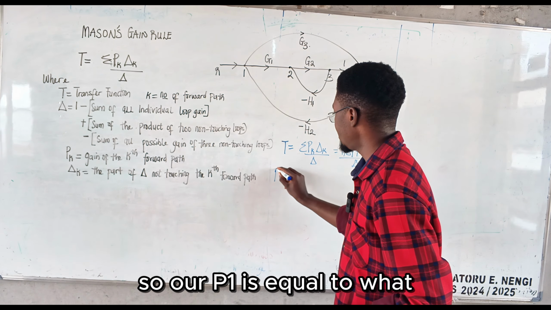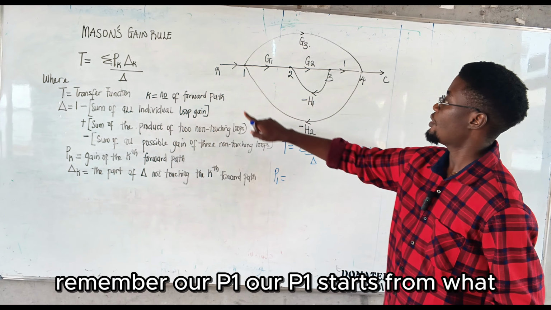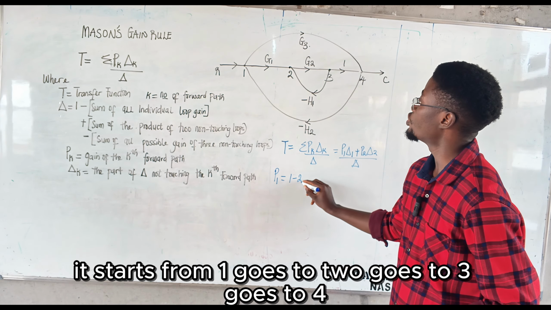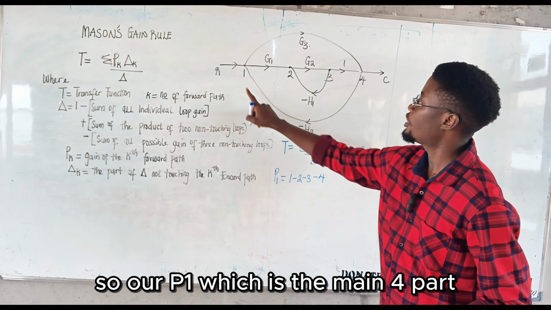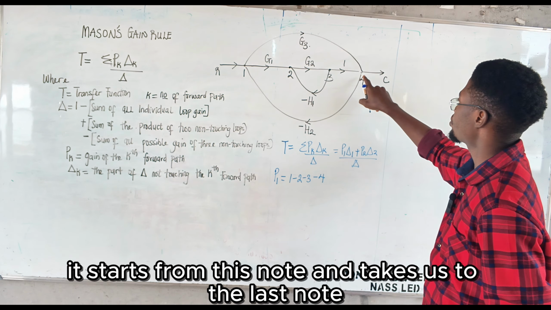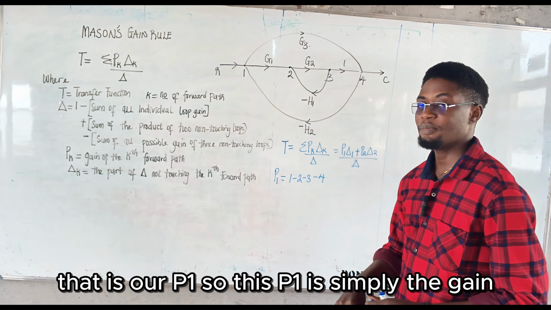So our P1 is equal to what? Remember our P1 starts from 1, goes to 2, goes to 3, goes to 4. So our P1, which is the main forward path, starts from this node and takes us to the last node. That is our P1. So this P1 is simply the gain.